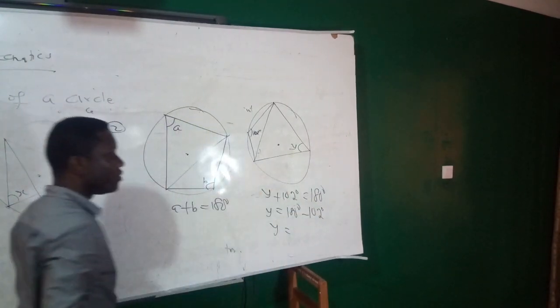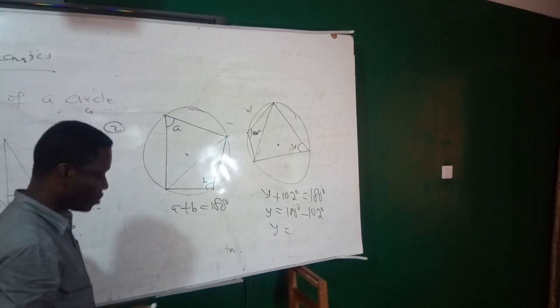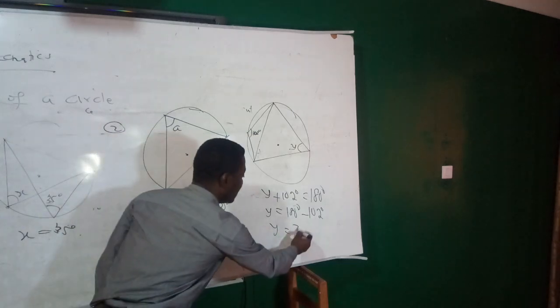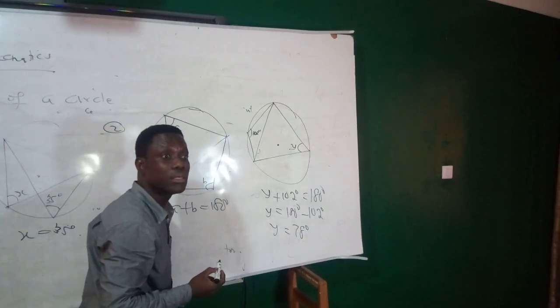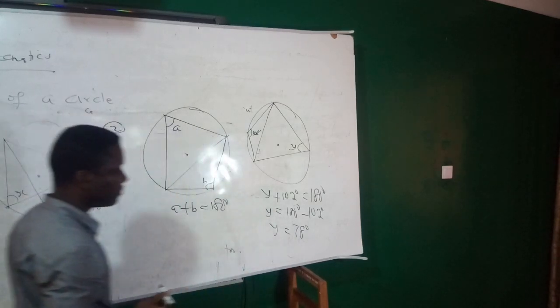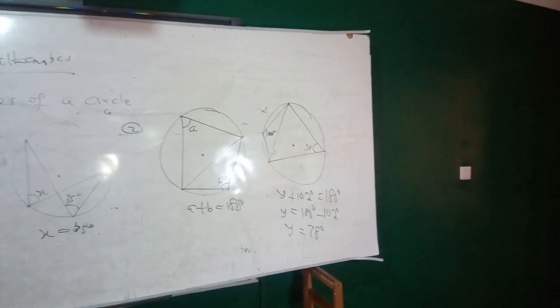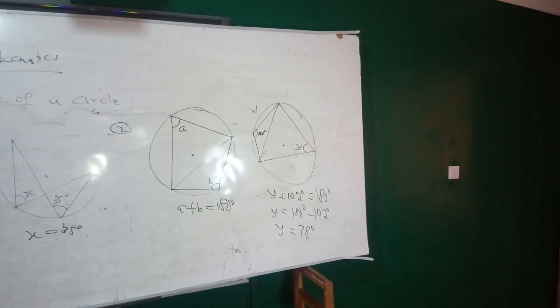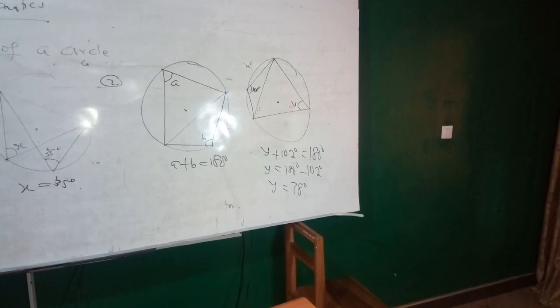So 180 minus 102, that is straight away 78. So that is our second property.